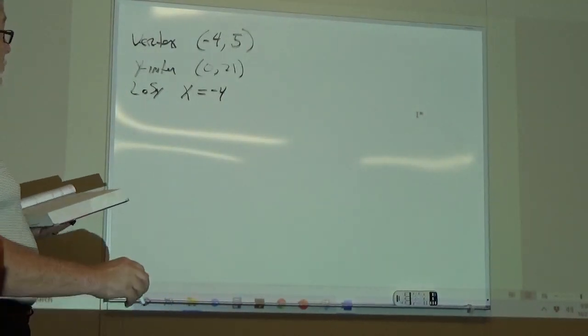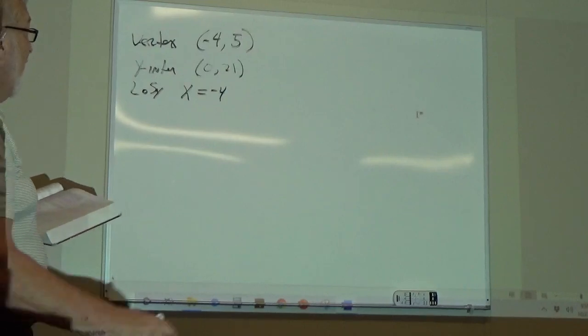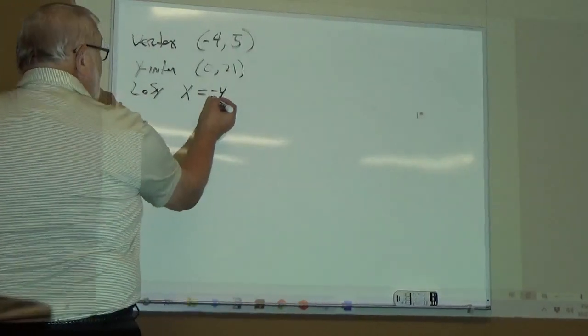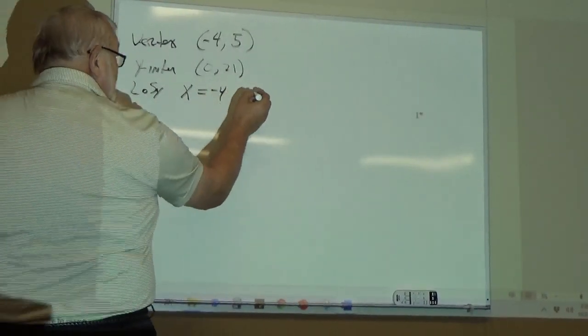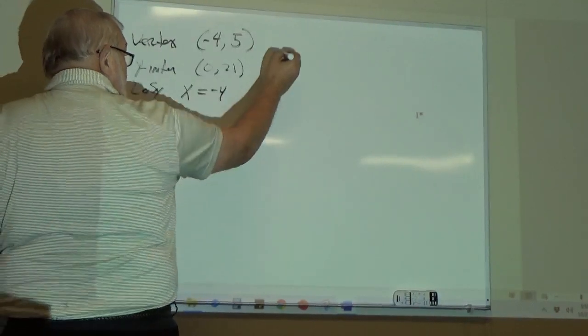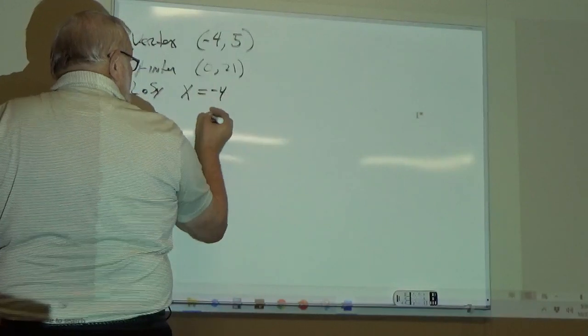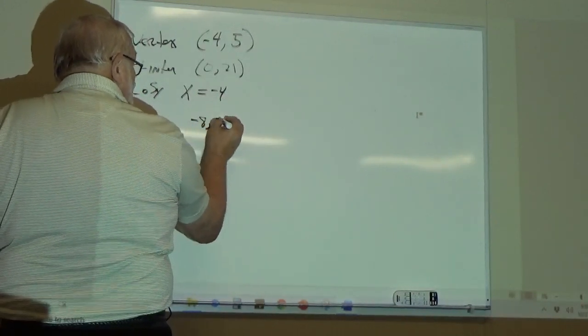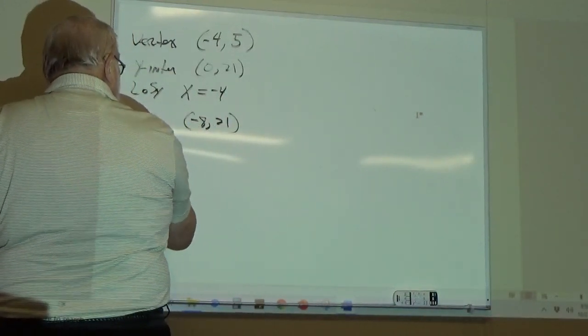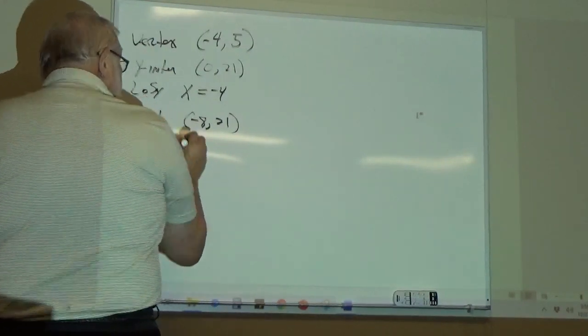Okay. Now, using the line of symmetry, I can also say that if I'm at negative 4 and I'm going over here to 0 to get to the 0, 21, then at negative 8, 21, I also have a point on the graph.